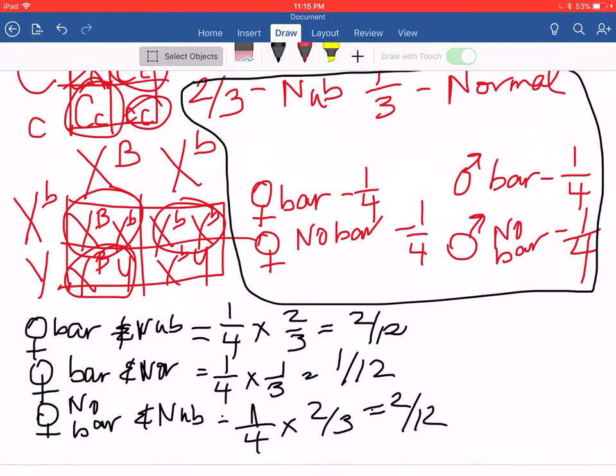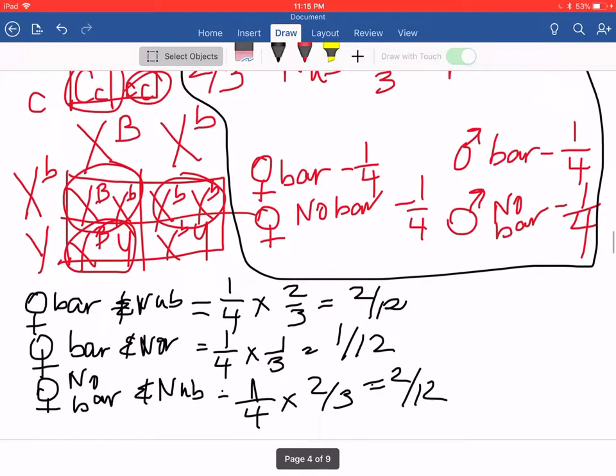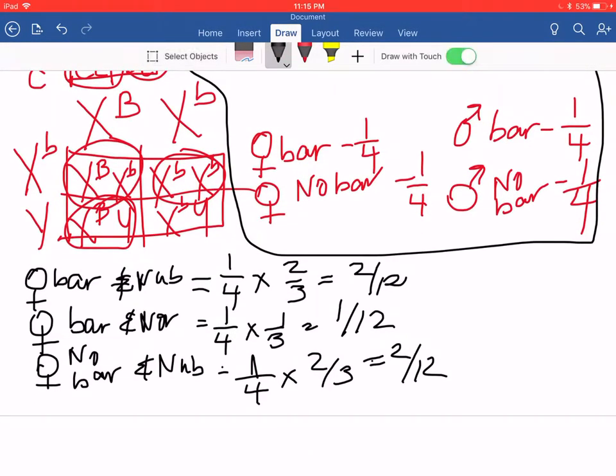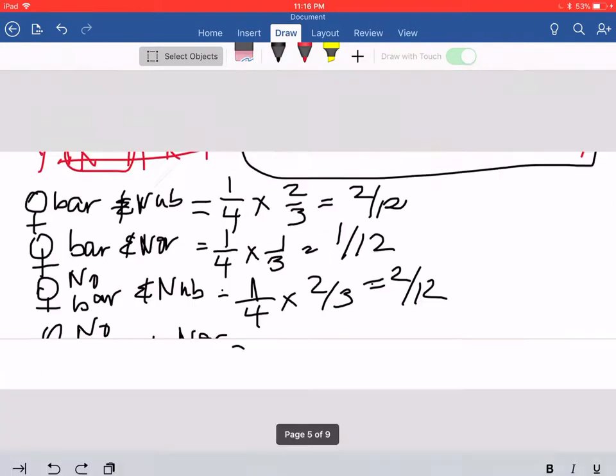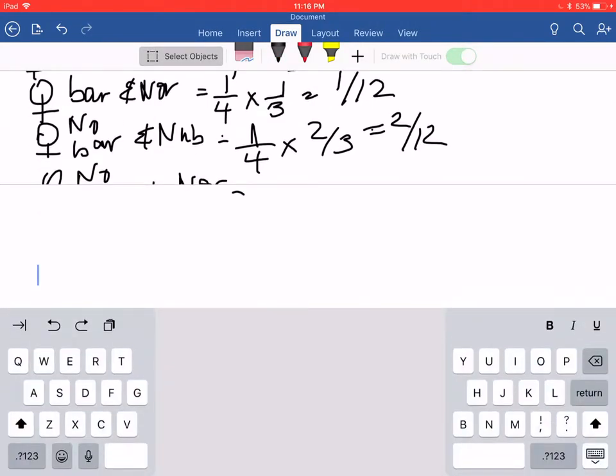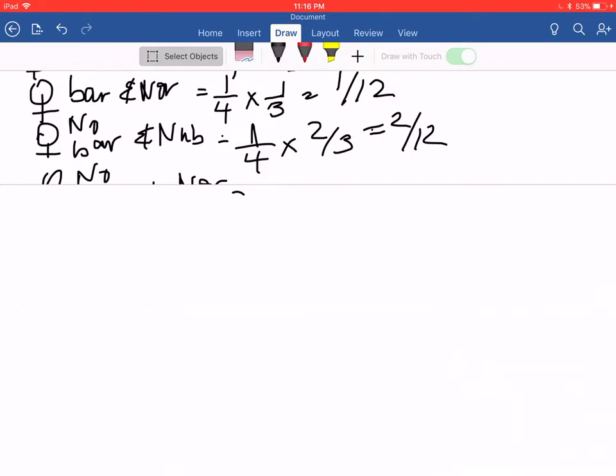Or we can have a female who is no bar and normal. Let's see if we can move that. We'll write it here again.